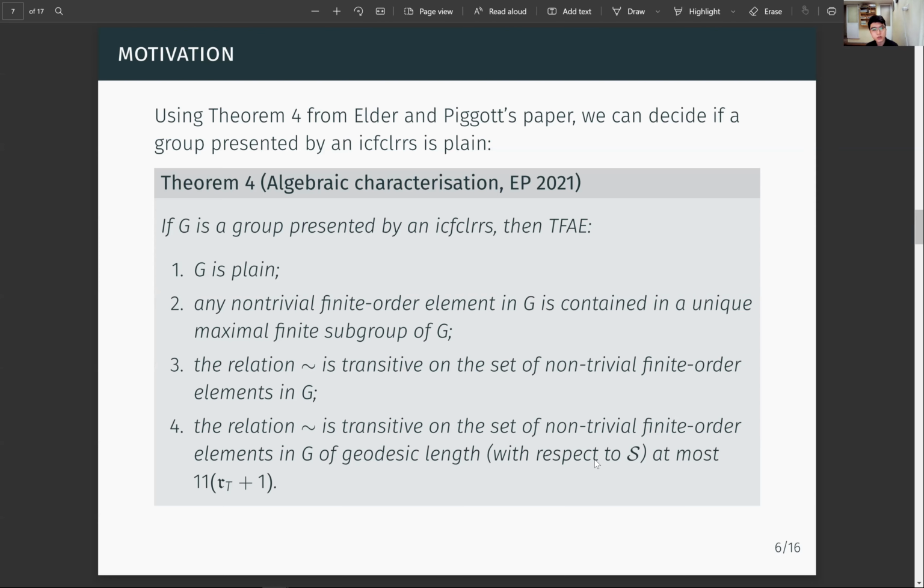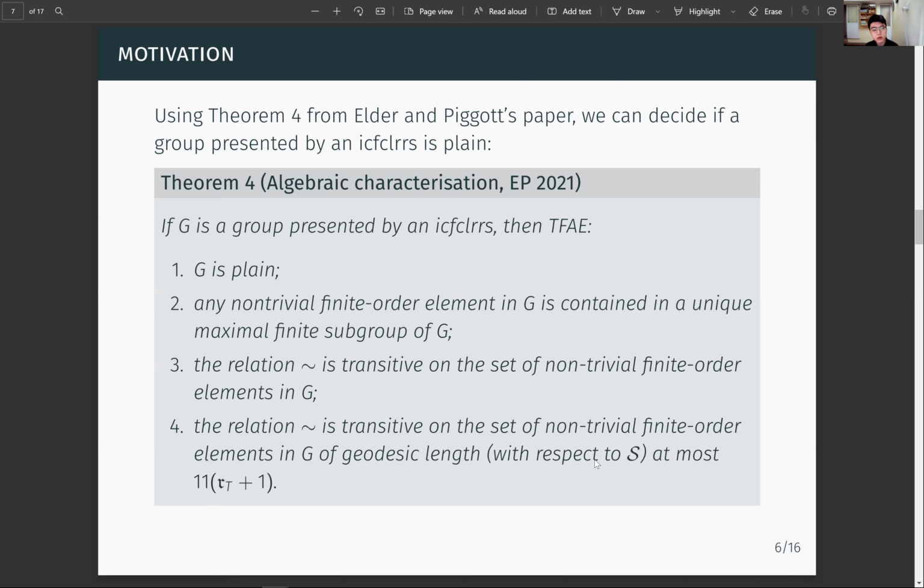Any non-trivial finite order element in G is contained in a unique maximal finite subgroup of G. And the relation is transitive on the set of non-trivial finite order elements in G. And the relation is transitive on the set of non-trivial finite order elements in G of geodesic length with respect to S of length at most 11 RT plus 1.